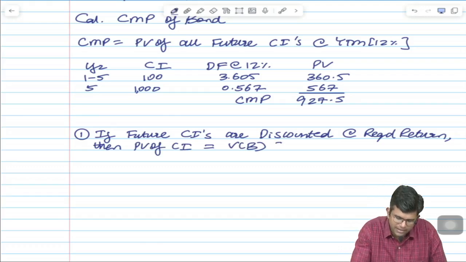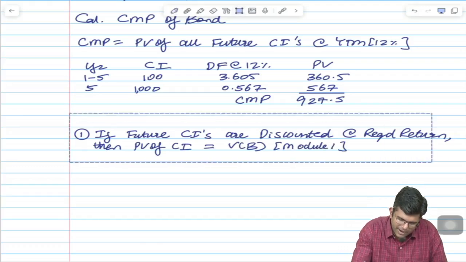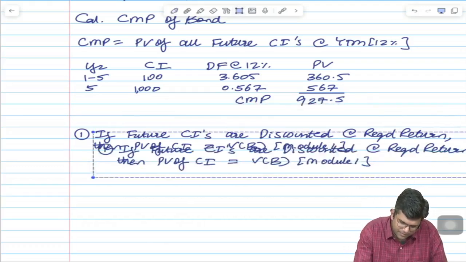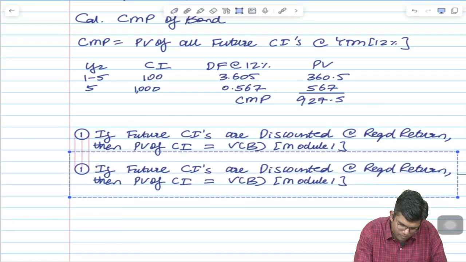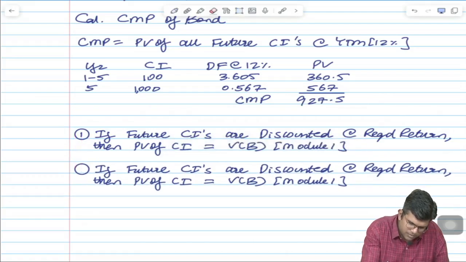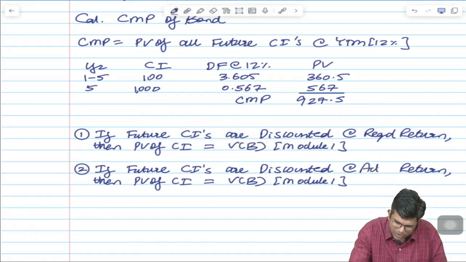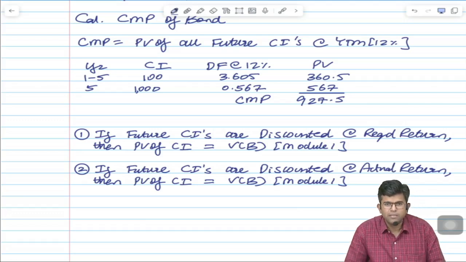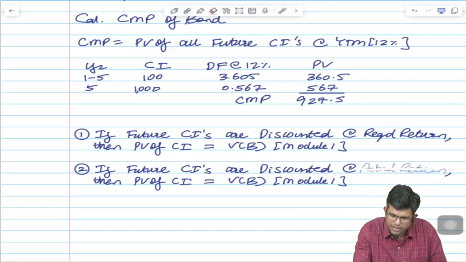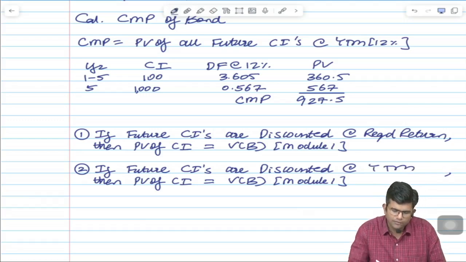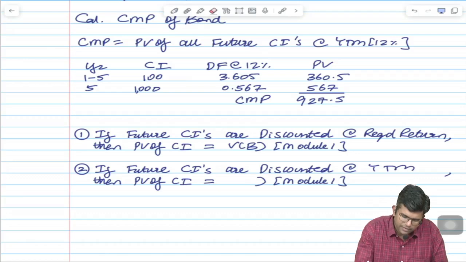This is basically module 1. And if future cash inflows are discounted at the actual return, meaning YTM, then the present value of cash inflows that you get is the current market price.